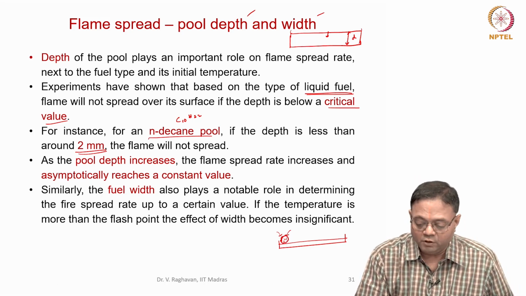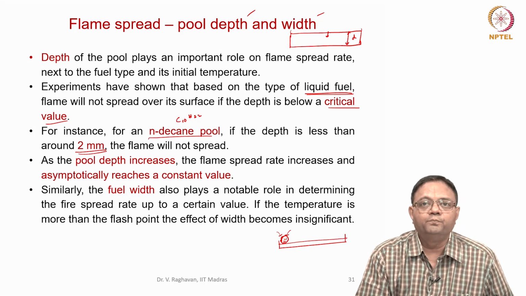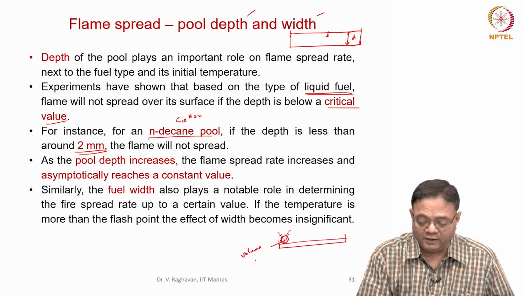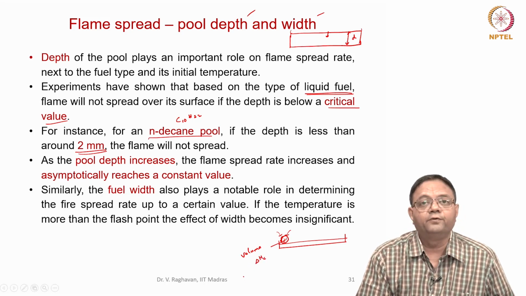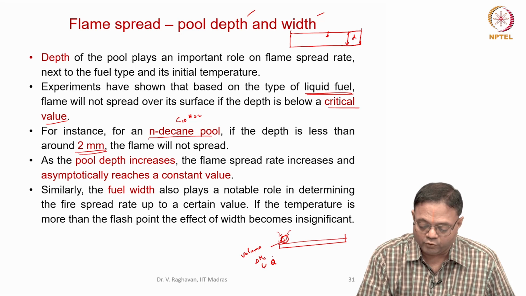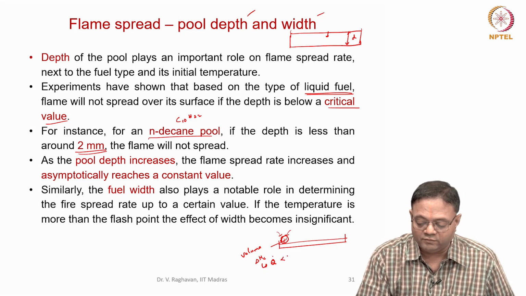But when this mixture forms, the volume of this mixture will be such that there is a heat release rate for this, so let us say Q dot. This Q dot will be less than Q loss.